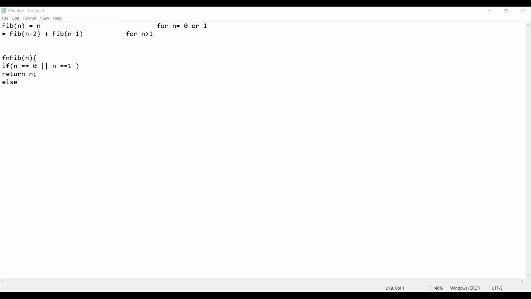In this case it will return fn fib of n minus 2 plus fn fib of n minus 1. So here we use the recursive call because the function calls itself, and finally we close our algorithm. So in this way we develop the Fibonacci sequence series using recursion, right?